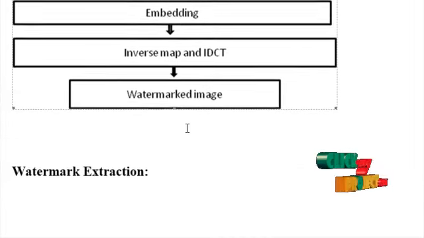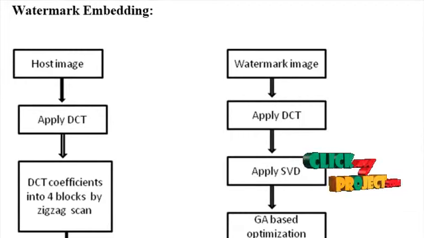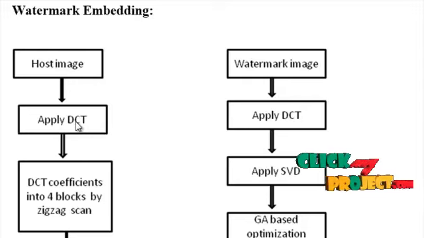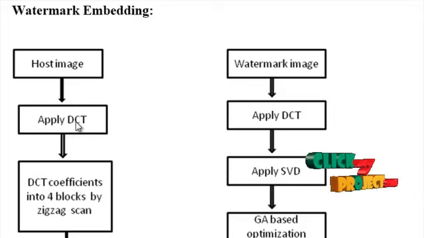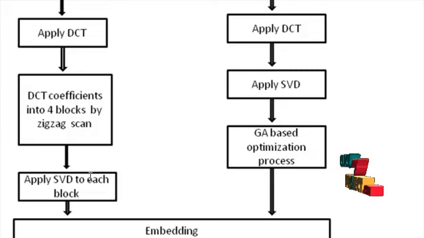Then we will go for our extraction process. This is the flow of our process. First, we apply the discrete cosine transform to the host image and use the zigzag space filling curve for the DCT coefficients. The DCT coefficients in the zigzag manner are then mapped into 4 areas with different frequencies in a rectangular shape. Then we apply the singular value decomposition operation to each area, and the host image is modified by the left singular vectors and the singular values of the DCT transformed watermark to embed the watermarked image.